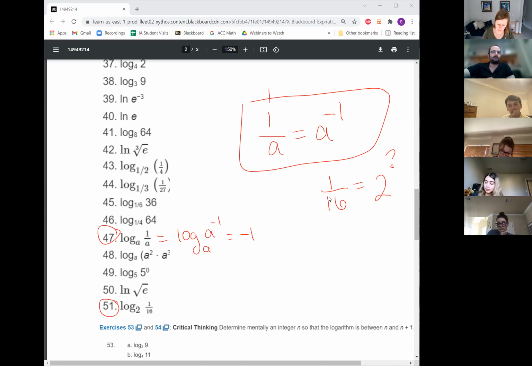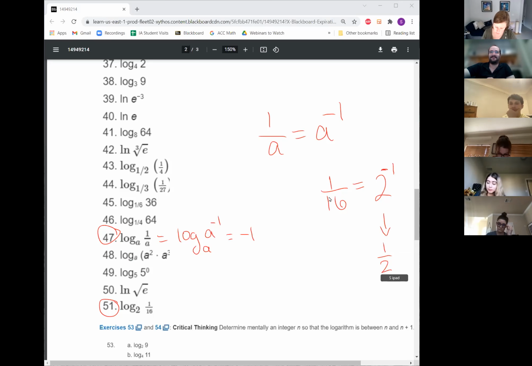Negative exponents flip it. So if I want to think about it that way, I know that I could make that a negative on this side. And it's going to be a negative something because I need to flip it, right? And so would it be a -1 on top? So is 2 to the -1 the same thing as 1 over 16? Let's try it. 2 to the -1 is 1 over 2. So not quite. We're going to need a bigger power.